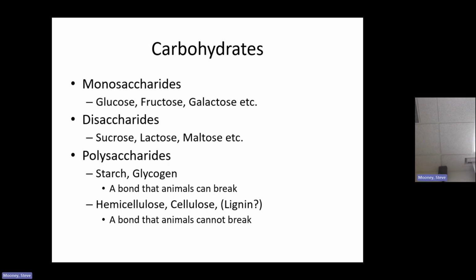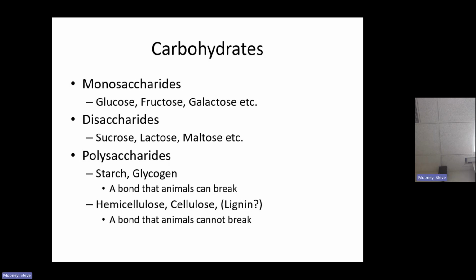So starch for plants, glycogen for animals is a storage form of glucose. We're storing it till later. So we need to be able to put it away and then take it back out. You can think about it as the pantry. So animals can break those bonds and access those glucoses.